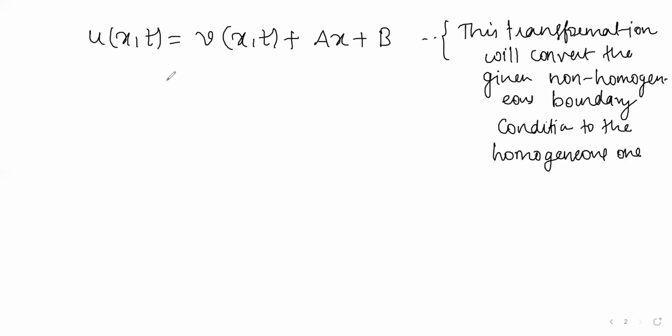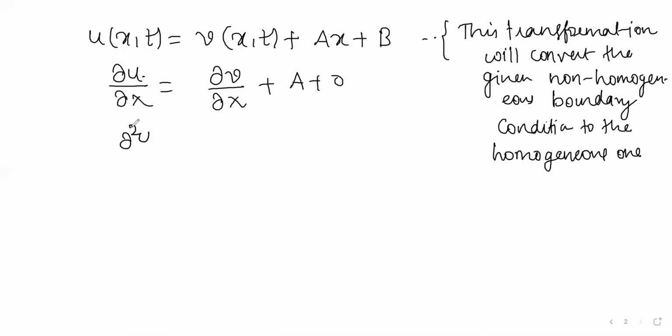This is basically a transformation. So what we will do is differentiate, because that's what we need. Here it's a function of x and t both, so it will have a partial derivative with respect to x, and this will be a, and b will get dissolved, as its derivative is 0. Then I need the second order derivative, so I differentiate one more time, and this time even a will be 0.